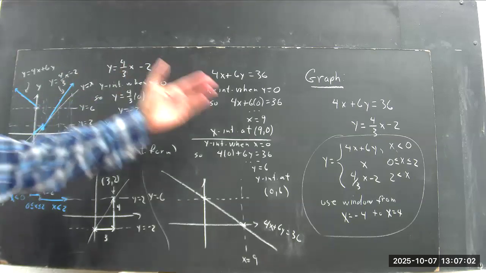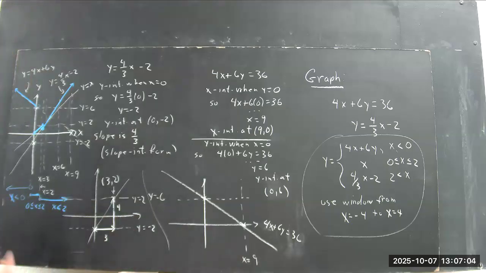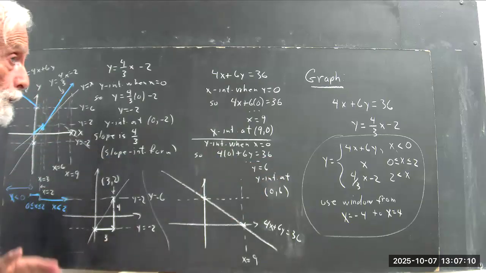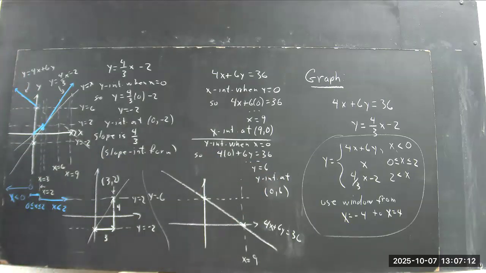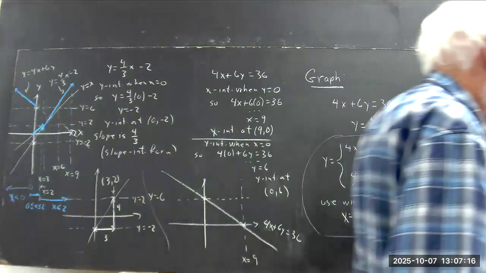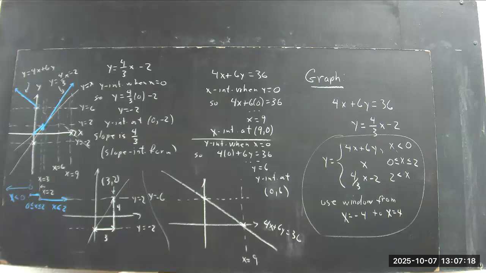You have 3 different functions. One function from here to the left, one function between here and here, another function from here all the way to the right. You might want to go back and revisit those problems in your homework assignment.